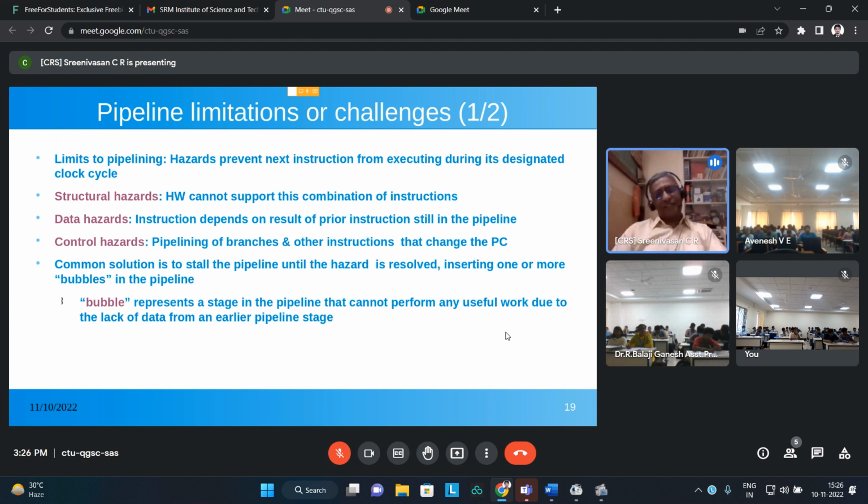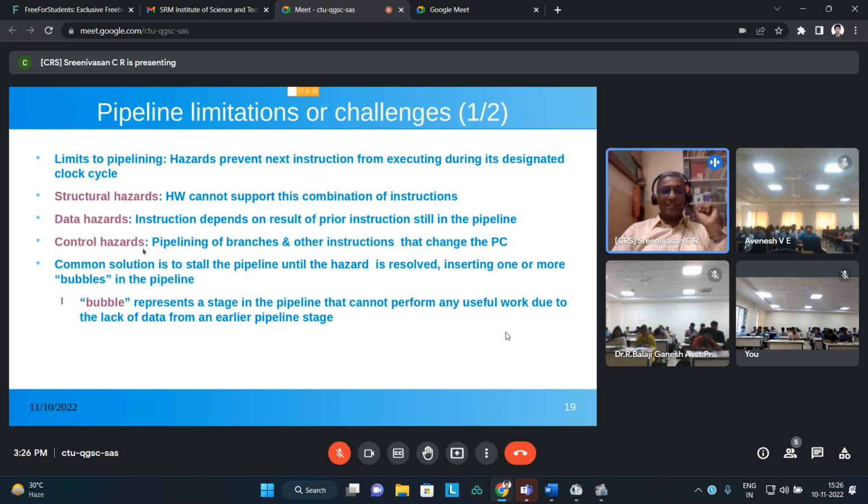So these are all different stages that we have to go through, and the data depends on the previous instruction. Getting the coffee filter decoction or getting the milk is the next instruction, right? Without which coffee cannot be prepared.